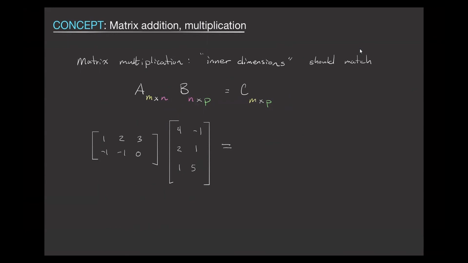Now, how we multiply this, just like how we determine the dimensions, it's always row, column. From the first matrix on the left, we take a row. From the matrix on the right, the second matrix, we take a column.